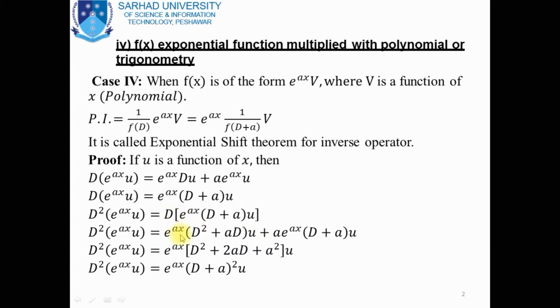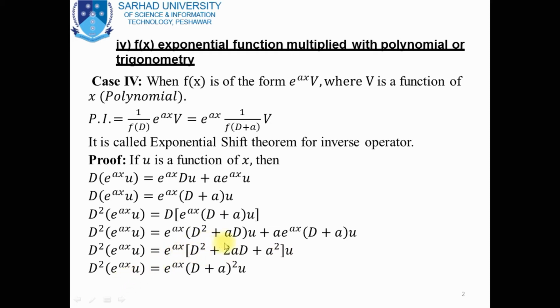Now first times derivative of second plus second times derivative of first: the derivative of e^(ax) is a times e^(ax), and u stays as it is. So this second order derivative can be written as e^(ax) into (D squared plus 2aD plus a squared) into u, again taking e^(ax) and u common.